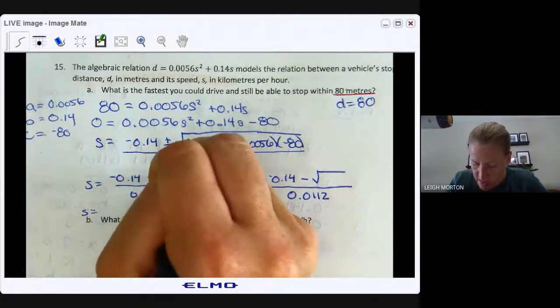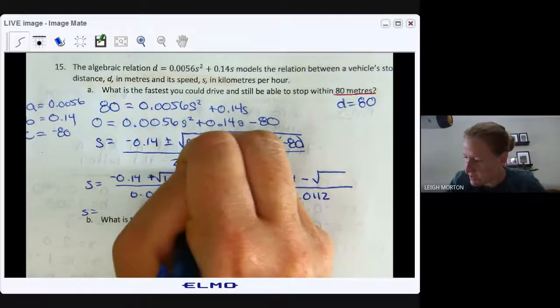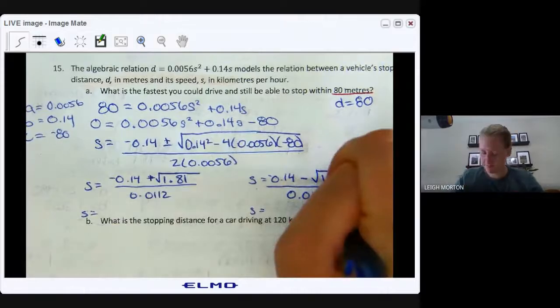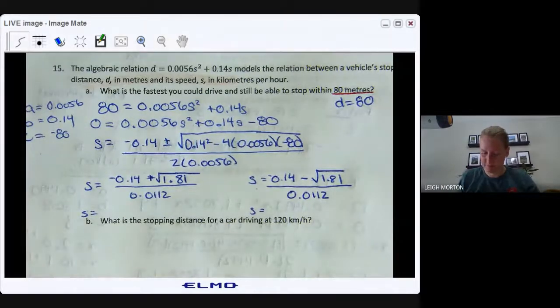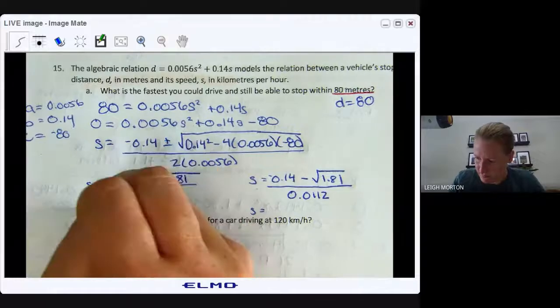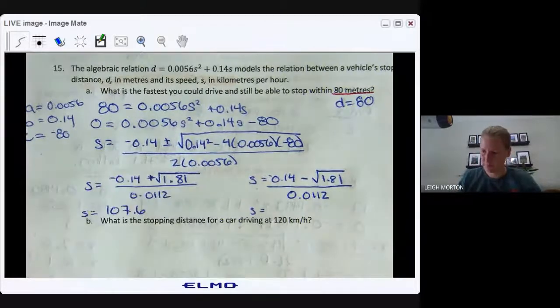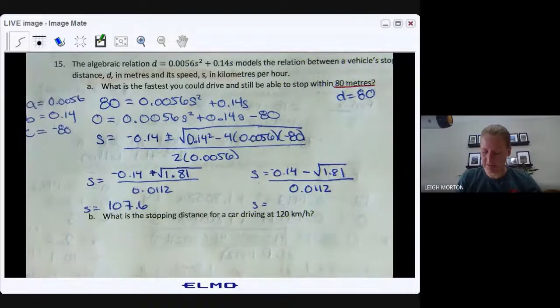Root of 1.81. I'll do that again. So I'm going to subtract the root of the discriminant.